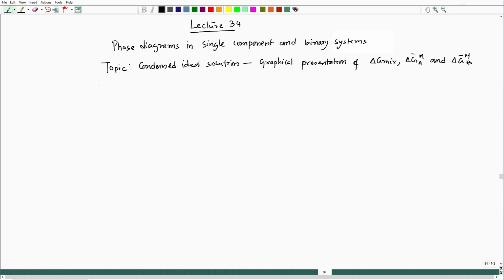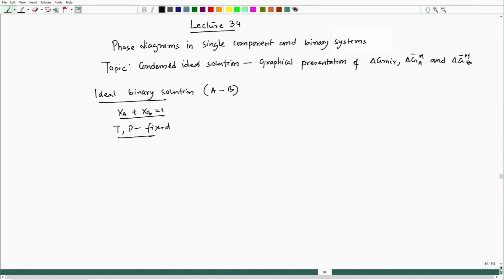In fact, if we try to look at an ideal binary solution, we have taken A and B, and we have taken the moles or atoms in such a fashion that mole fraction X A plus X B equal to 1. That means we are making 1 mole of ideal solution, and we are fixing temperature and pressure.